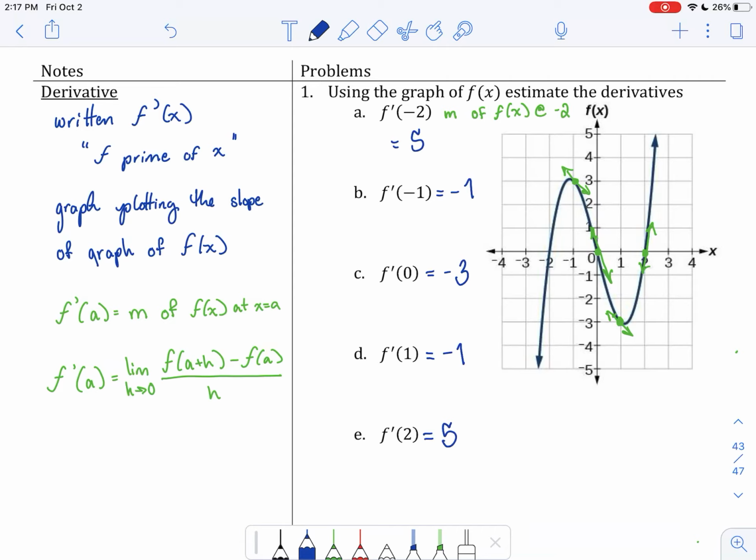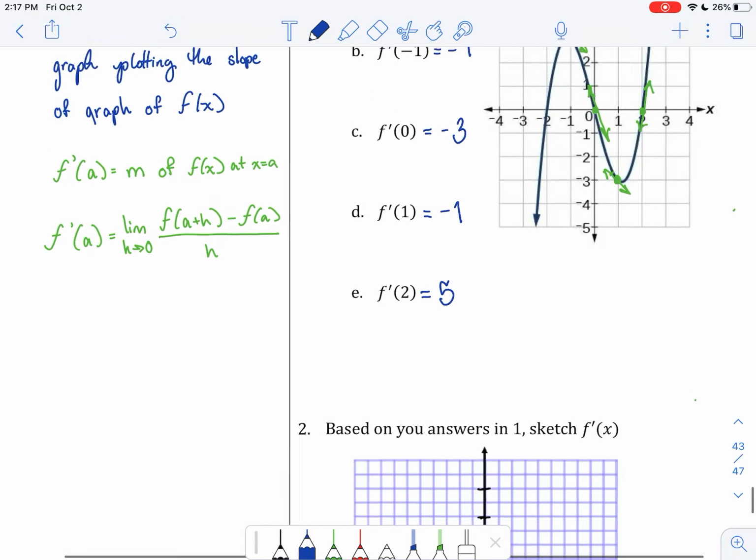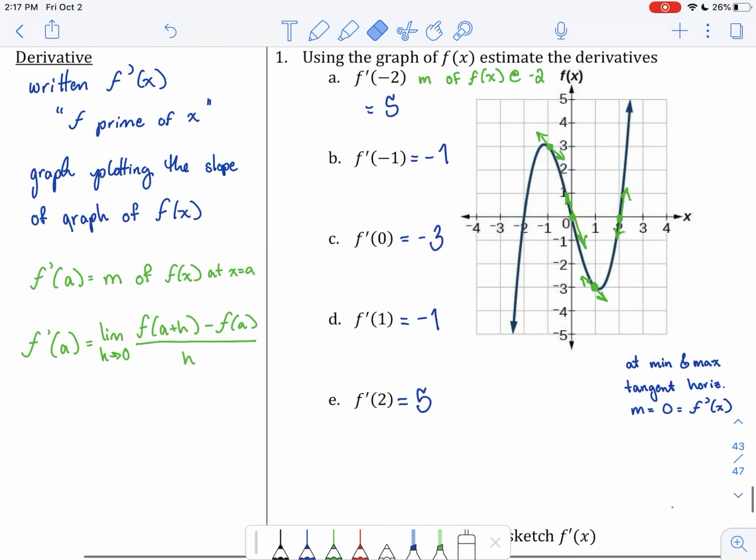So this part should feel very familiar. Now, f prime of x is itself a graph, is a function that you can write out, and that's what we're going to do in number 2. Oh, one other important thing to note that I wanted to remind myself and you of is that at the minimum and maximum, so if I look at the graph here, we have a lovely minimum.